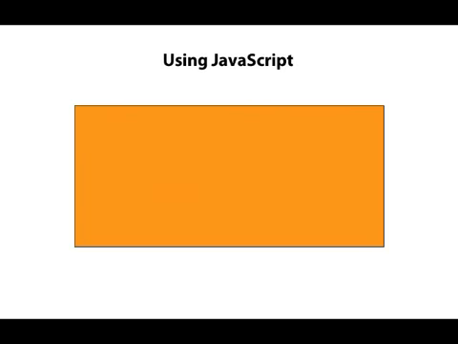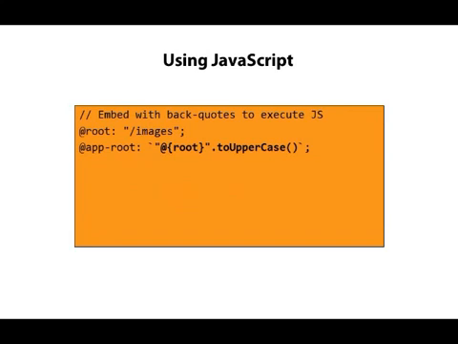Less also supports the idea of actually using JavaScript directly in the Less. This isn't that common, but there are some occasions where it can really help you. So here's an example of that root variable being defined, and then a new variable is being defined, but we're going to use JavaScript to actually do some execution. And the way this works is the back quotes you see here are used to embed what needs to be executed in JavaScript.